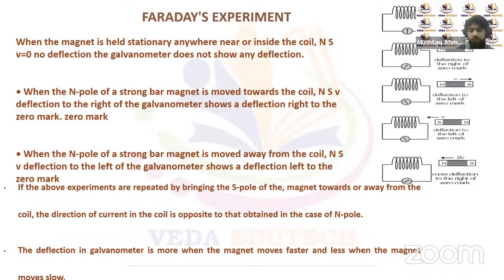In the same way, he predicted, using the concept of symmetry, that if it is possible to have a magnetic field because of the current flowing through a conductor, can we have the current flowing through the conductor because of a magnetic field? So for that he did some experiments to calculate the current flowing through the conductor.